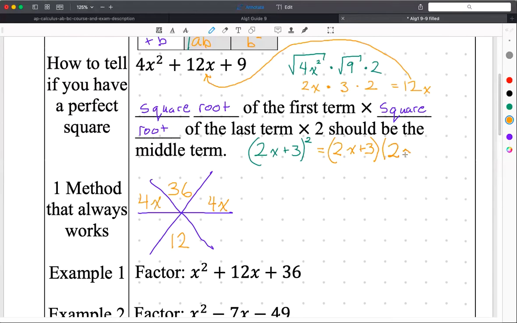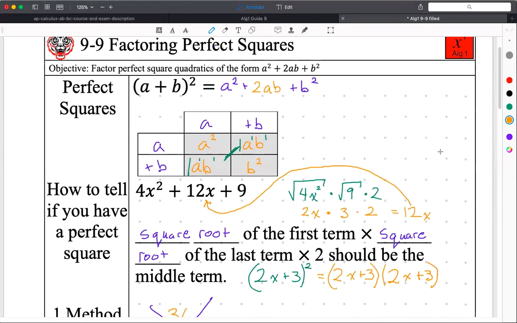Maybe you can ask your question a different way. Well, that method right there, square root of the first term times square root of the last term times 2, that's how you tell if you have a perfect square. But is that also a way to get an answer? Okay, I understand the question now. The way that you get the answer is on this first line up here.